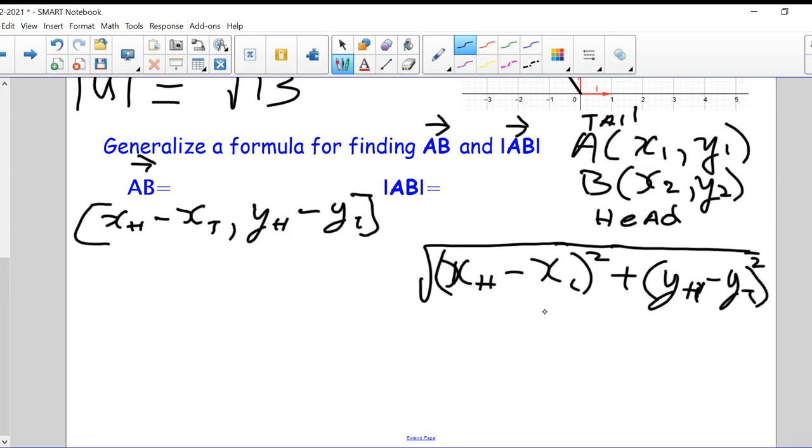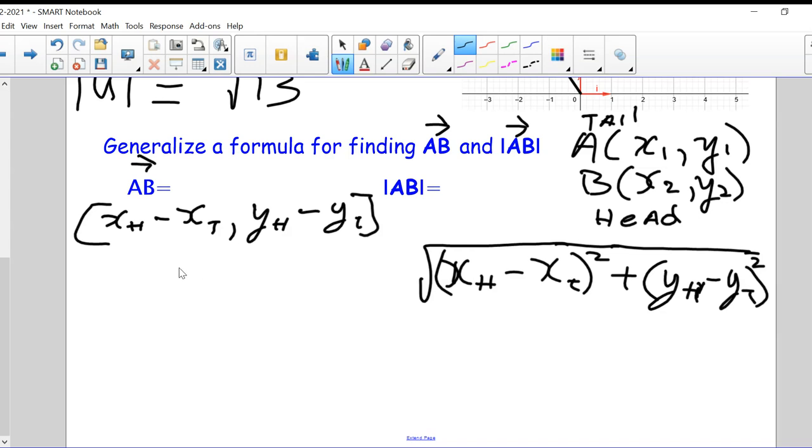But I could just as easily switch these around. You want to put the tail first, you want to put the head first, I don't care. Because when you're doing the distance, it's the distance between 2 points squared for the x's, and the same thing for the y's, and you take the square root of that after you sum them. Does not matter this time.